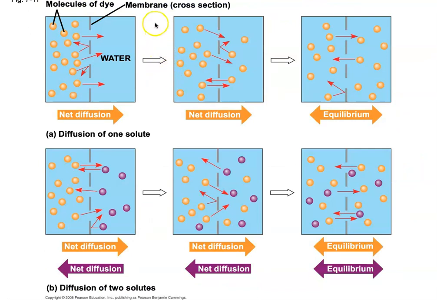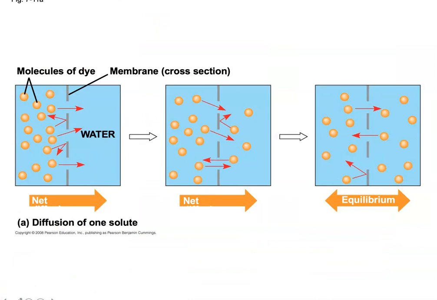So this is what I mean by net diffusion. You have a semi-permeable membrane, and this is all based on solubility. So if you remember, a solution has a solute and a solvent.